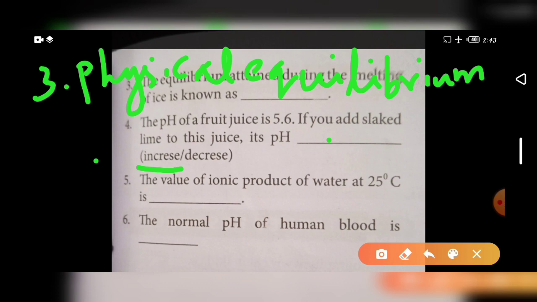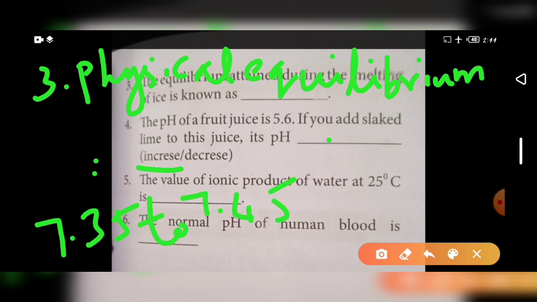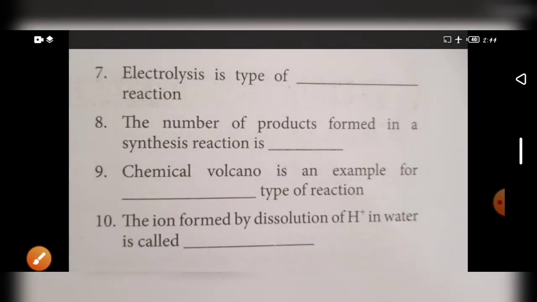Okay, next, the normal pH of human blood is 7.35 to 7.45. Okay, next we go to the 7th question.